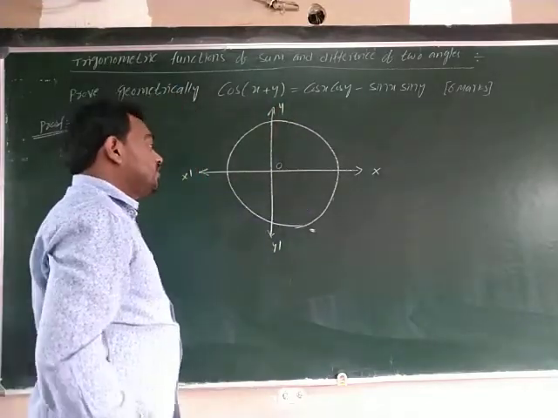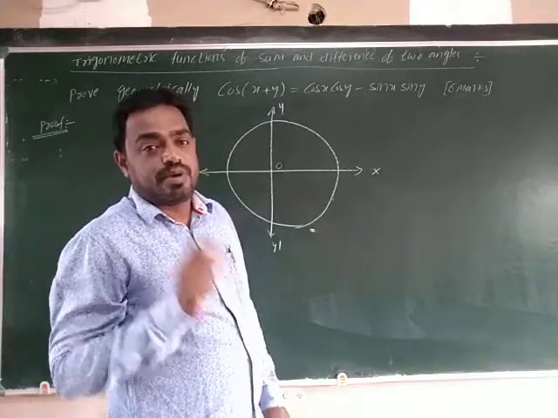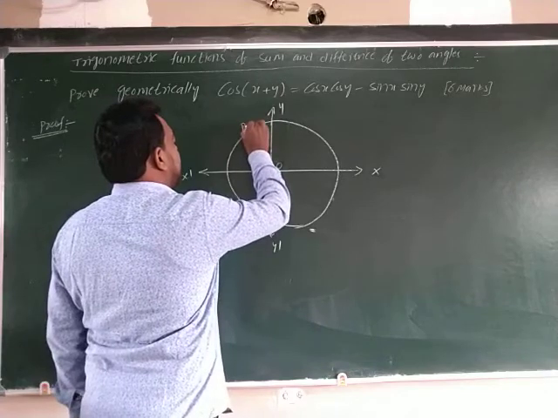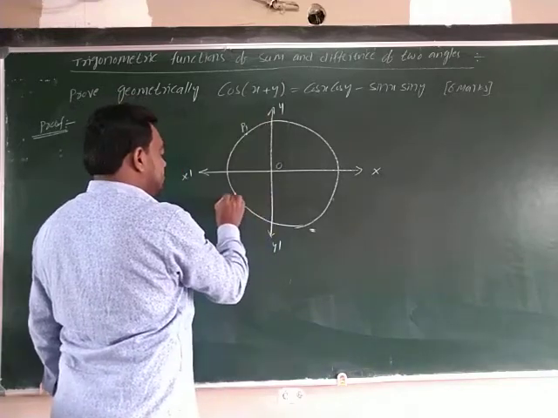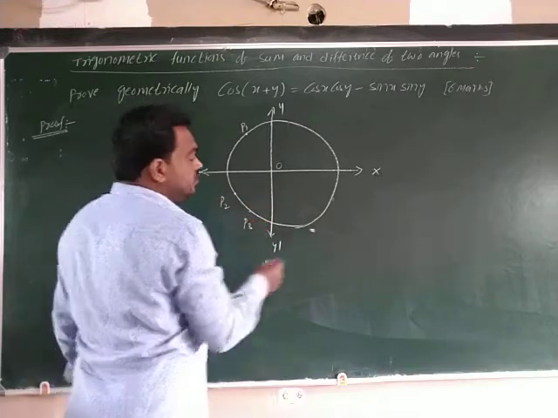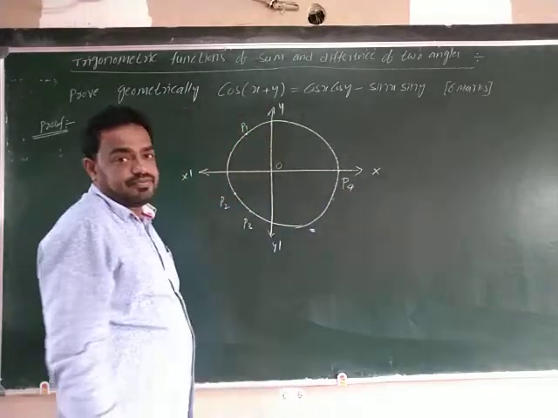Next, you take 4 points on the circle. I am taking 4 points on the circle, namely P1, P2, P3, P4. Like this, I am taking 4 points on the circle.